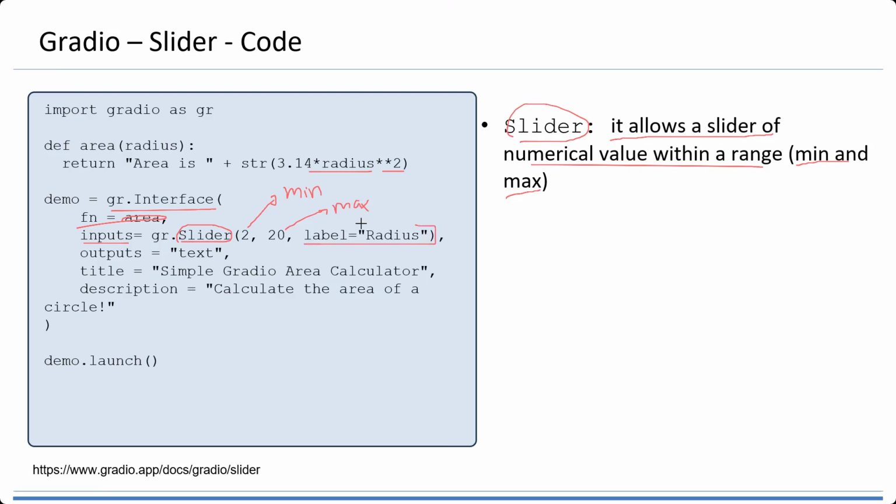And we put the name. The name will be radius, or we call it the label. The output will be a text. So we have text, we have text box. So you will see what is the difference. Okay. The title is simple Gradio area calculator, and the description is calculate the area of a circle. Now let's run it.